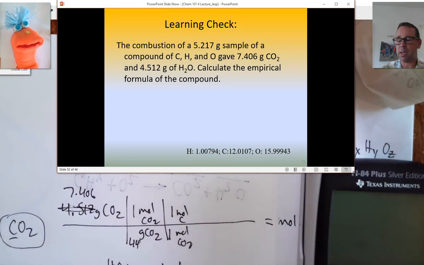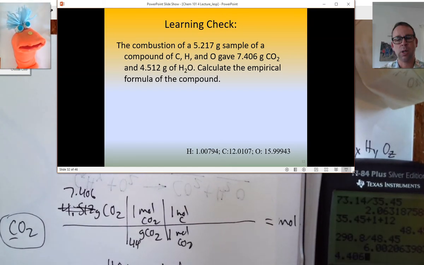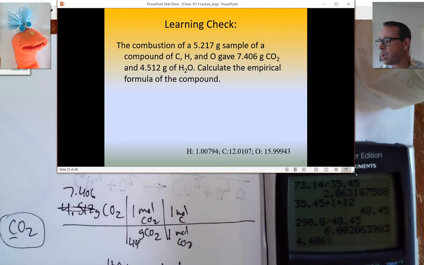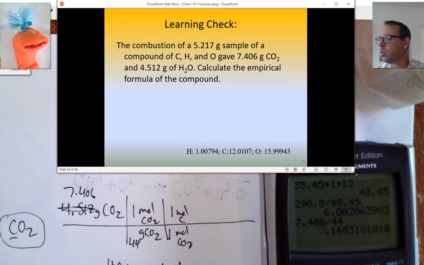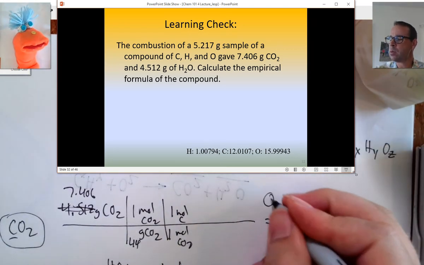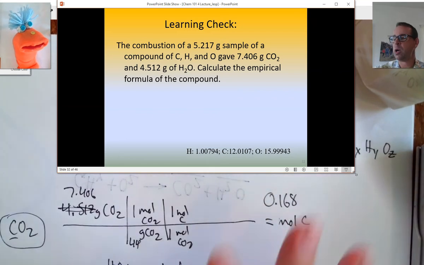Okay, so to get the moles of carbon, I take the 7.406 divided by, what am I dividing by? Oh, I missed it. 7.406 divided by 44, and that's it right there. 1.168 moles of carbon.